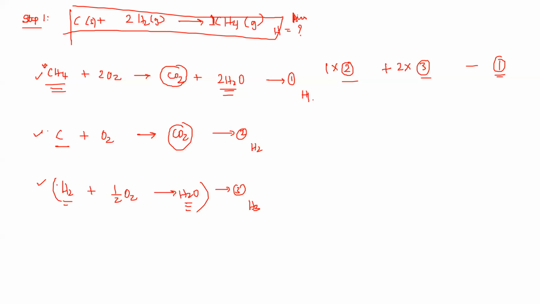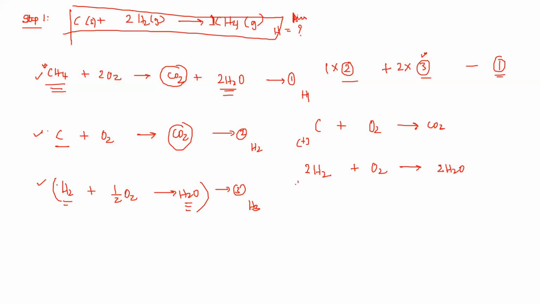So we are going to multiply equation number 2 by 1. So we'll get C plus O2 gives CO2. This is being added. Then we have the third equation, which we are multiplying by 2. So it is going to be 2H2 plus O2 gives 2H2O.